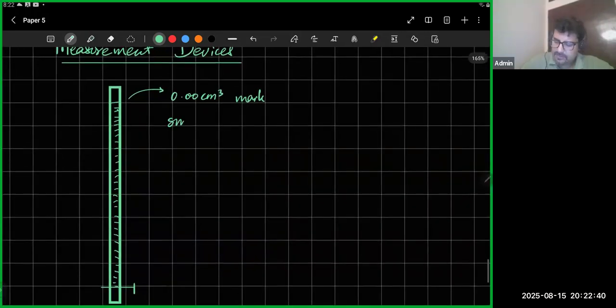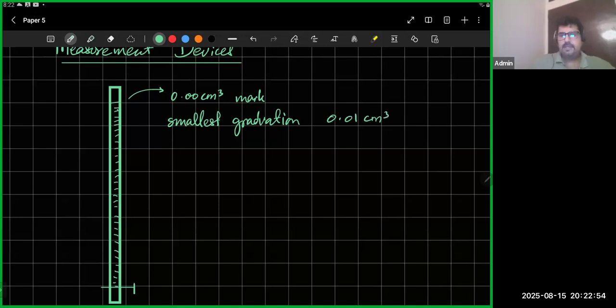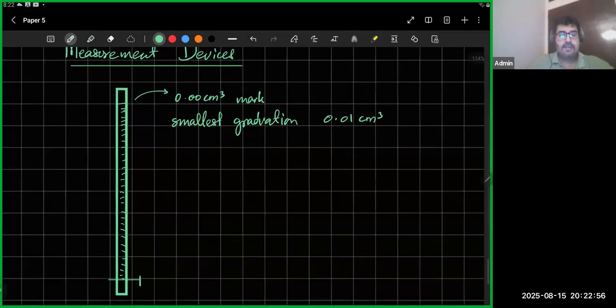Smallest graduation on a burette is 0.1 cm cube.